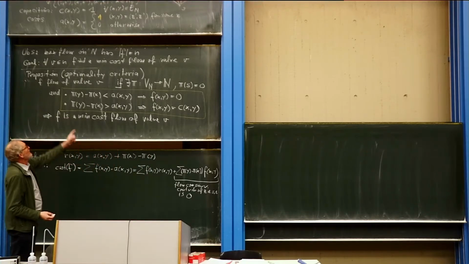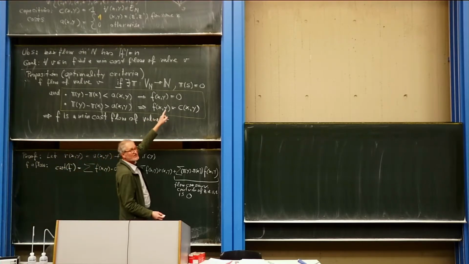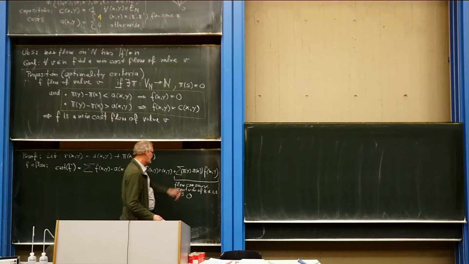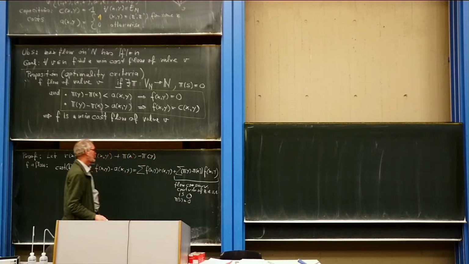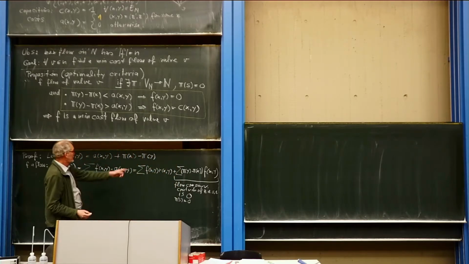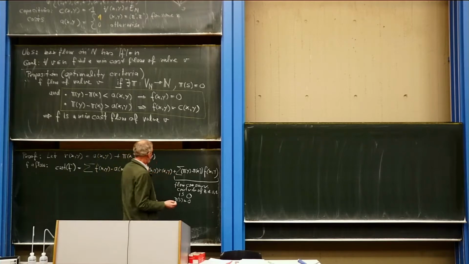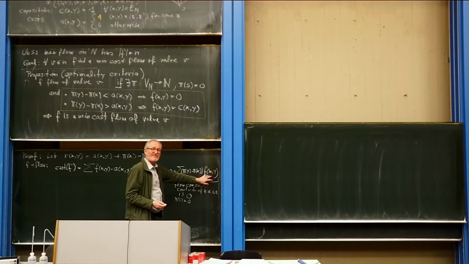And now let's look at S. By definition, pi of S is 0. So the contribution of S is also nothing. And the only thing where we get something is for the t, pi of t times f of z to t.